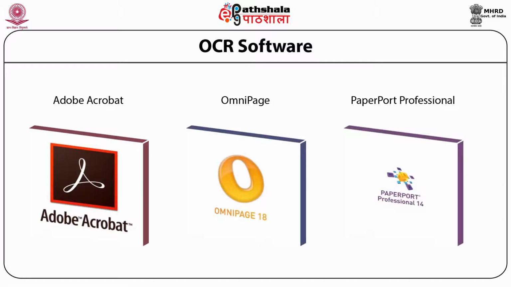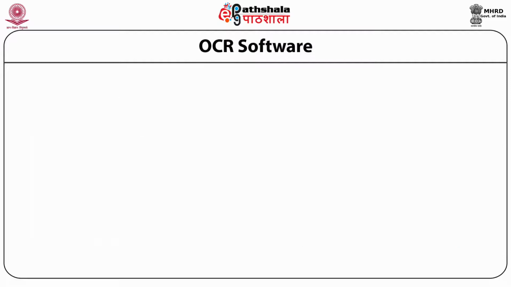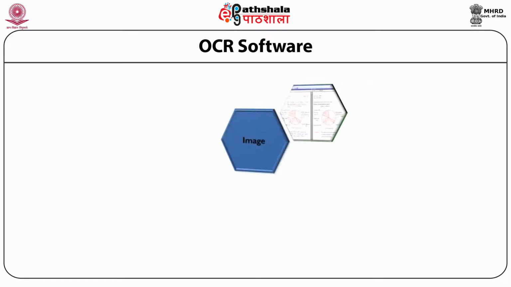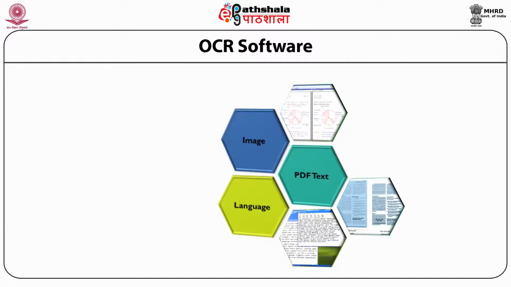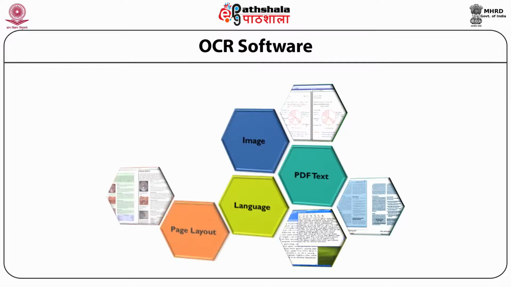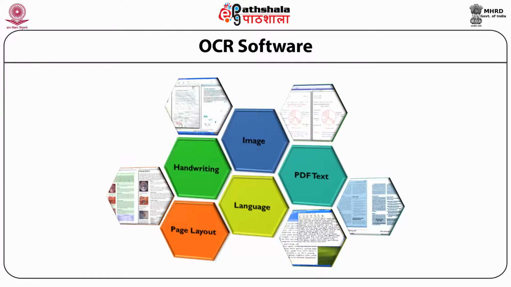Adobe Acrobat is based on PDF format. The remaining two are based on page layout format. There are various types of OCR software, based on image-based OCR software, PDF text-based OCR software, language-based OCR software, page layout OCR software, and handwritten OCR software.